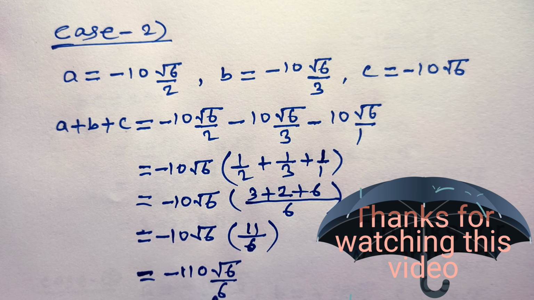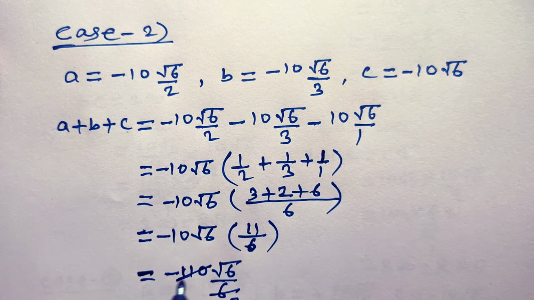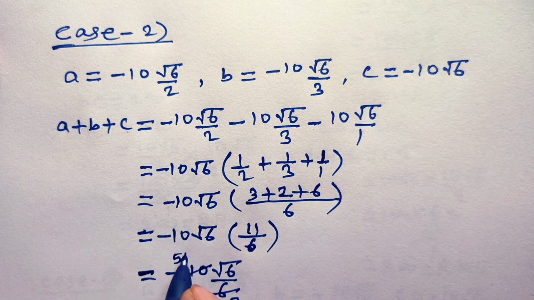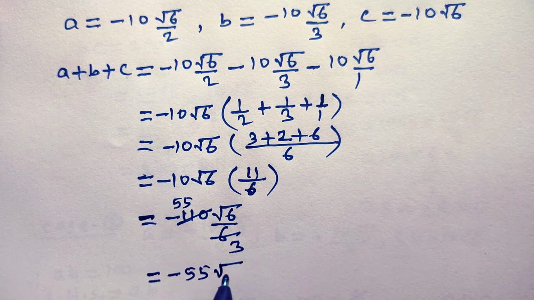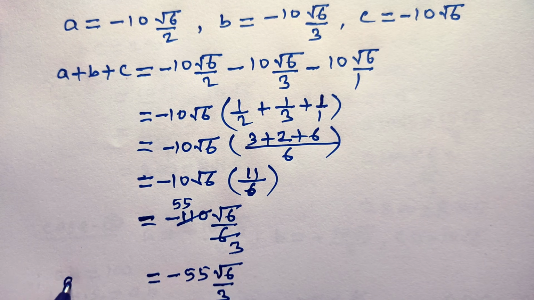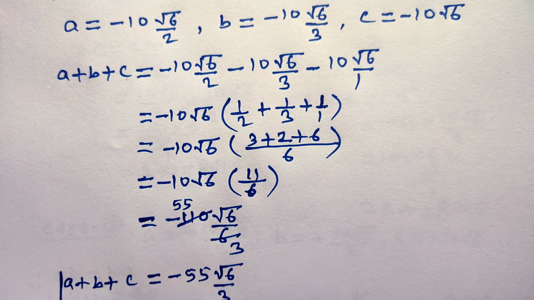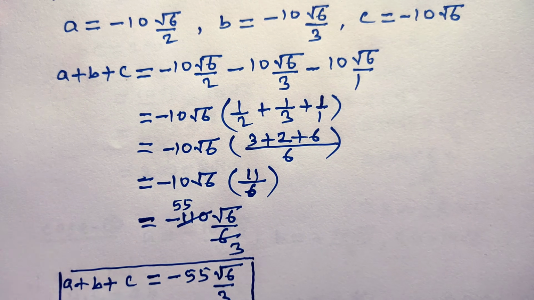Divide this 6 by 2, which gives 3. This 110 by 2, this gives 55. This is equal to minus 55 square root of 6 divided by 3. This is value of a plus b plus c, which is answer when a, b, c are having negative values.